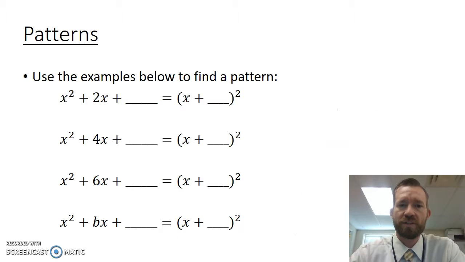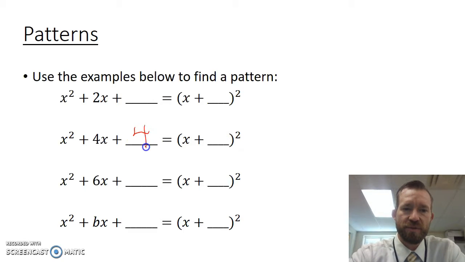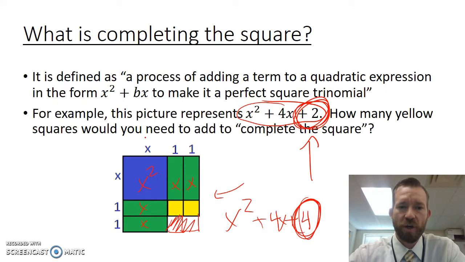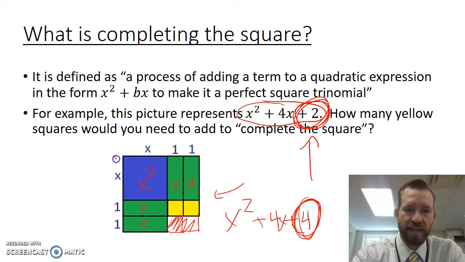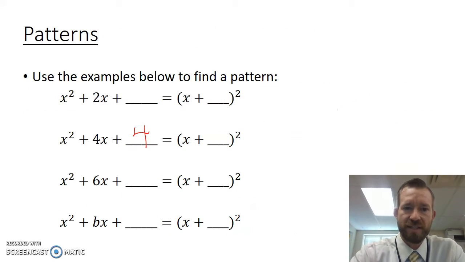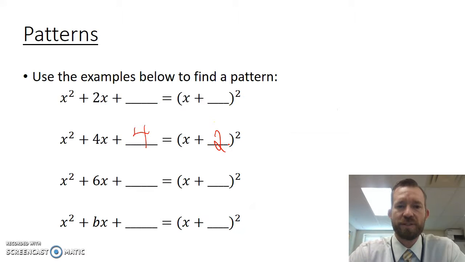What would the length and width be? That would be x plus 2, and on the other side you have a similar x plus 2. So this would be our problem, x plus 2.